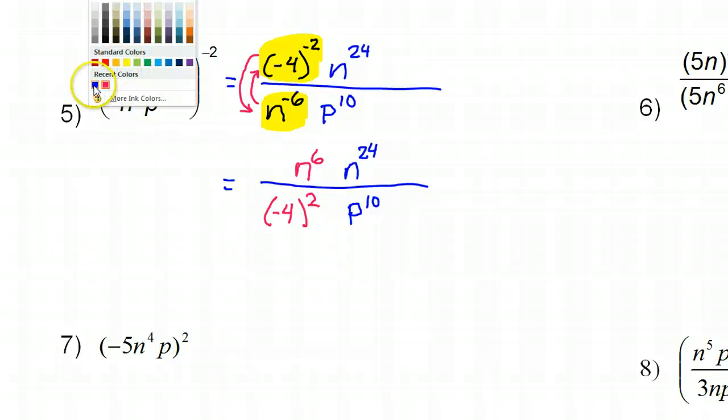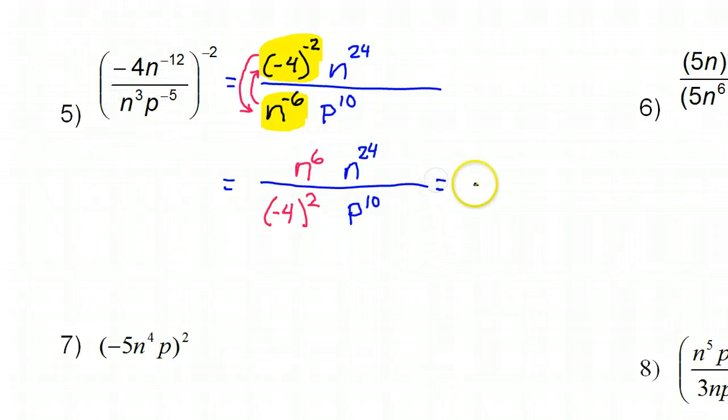So if I do that, then I'm going to have now a variable times a variable, you add those exponents. So I'm going to have n to the 30th power. Okay, down here now that this is a positive 2, I can just square it. Now because it's an even power, that negative sign is going to go away.